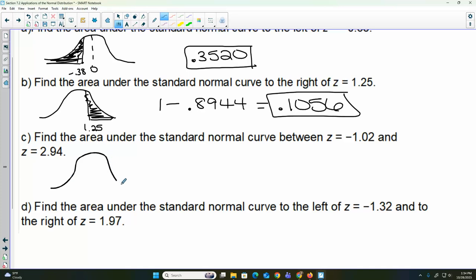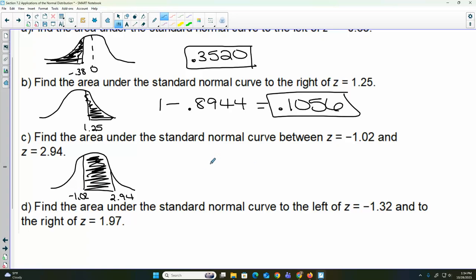Find the area under the standard normal curve between a z of negative 1.02, so that's below the mean, and a z of 2.94. How would I get just between those two values? The probability. You could find out the probability. Yes. If you look up the probability of 2.94, and then look up the 1.02 and subtract them, you'll get the difference.